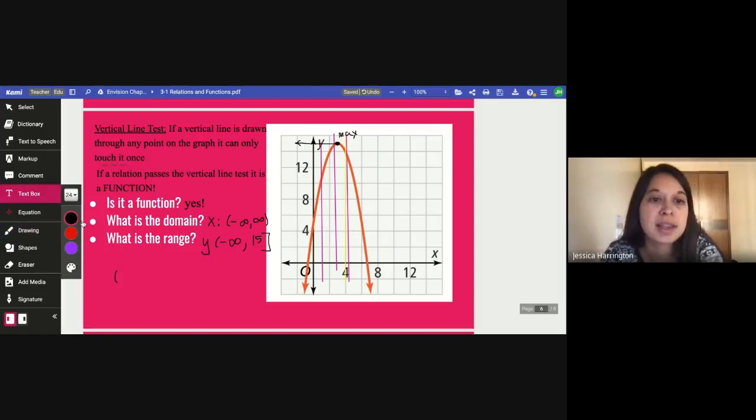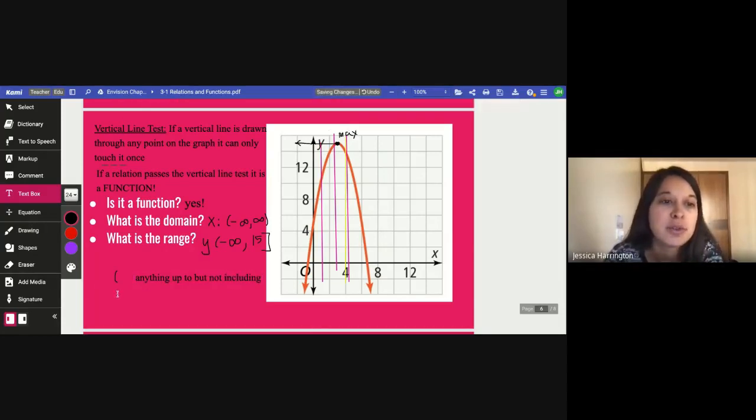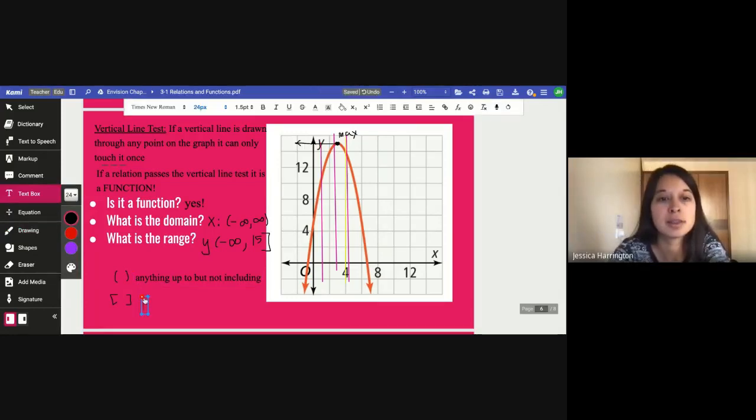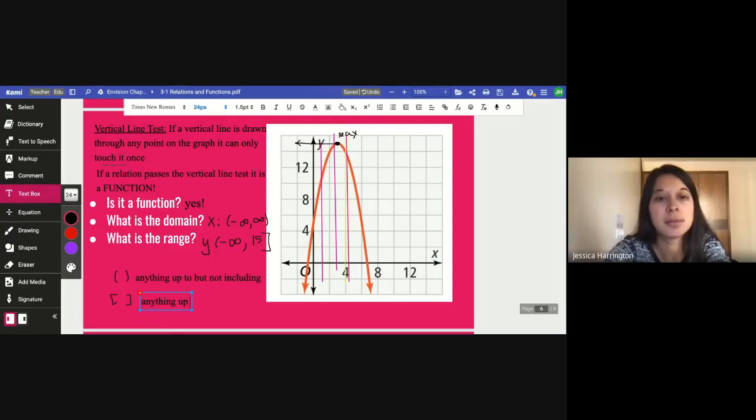It's allowed to be anything up to but not including that number, right? And then if you use a bracket, so you can either use this bracket or that bracket, depending on which side you're talking about, that means anything up to and including that number.